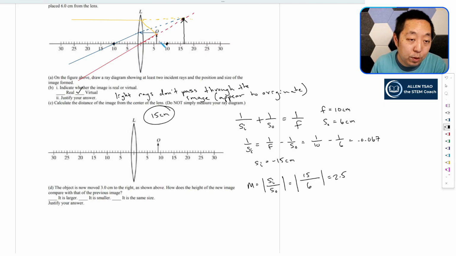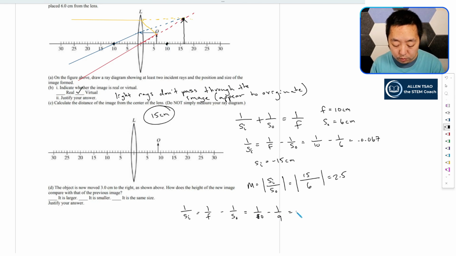Now, if we move the object over here, we can use the lens equation to figure it out, because we can say 1 over S_I is equal to 1 over f minus 1 over S_O again. But now we're moving 3 centimeters to the right, so that's going to be at 9 centimeters. So this is going to be 1 over 10 minus 1 over 9, right? 1 divided by 10 minus 1 divided by 9 is negative 0.0111.